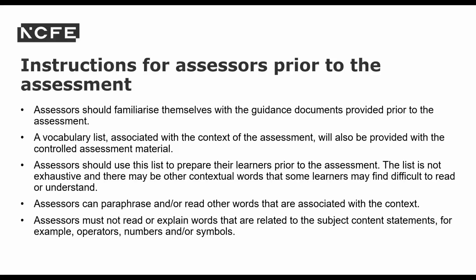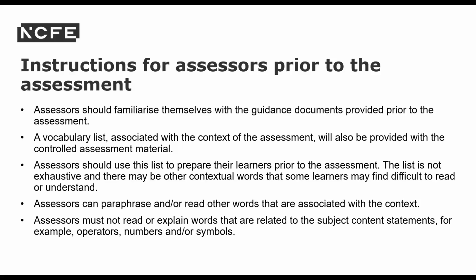So, changes that have been made in the instructions for assessors prior to the assessment. Assessors should familiarise themselves with the guidance documents provided prior to the assessment. A vocabulary list associated with the context of the assessment will be provided with the controlled assessment material. Assessors should use this list to prepare their learners prior to the assessment.